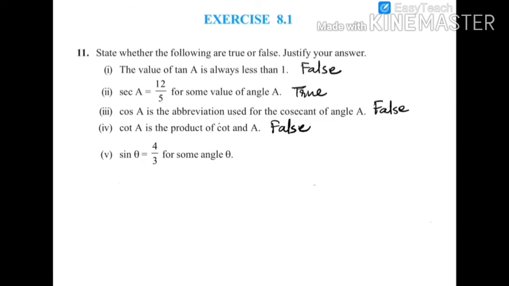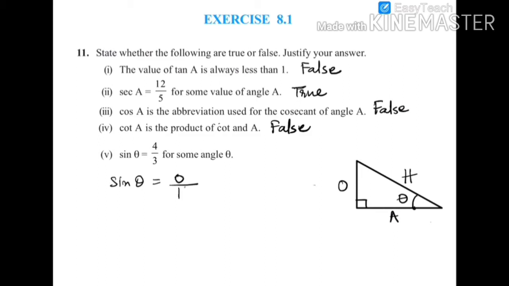Fifth part, sin theta is equal to 4 upon 3 for some angle. Let's mark this angle as theta in this right triangle. The side opposite to this angle will be opposite side, this will be adjacent, and this will be hypotenuse. So sin theta is equal to opposite upon hypotenuse, and we are given that it is equal to 4 upon 3.